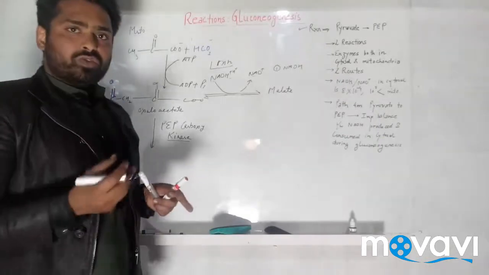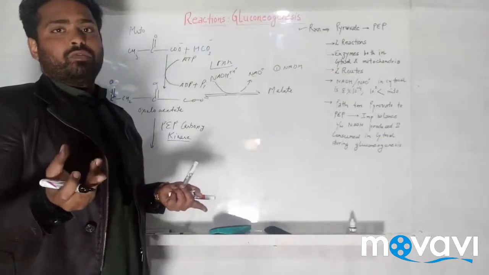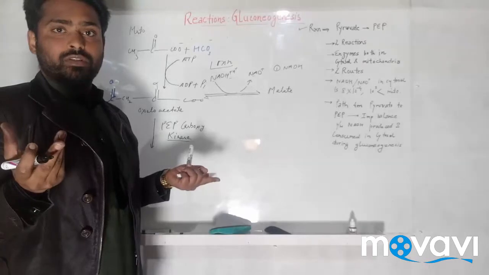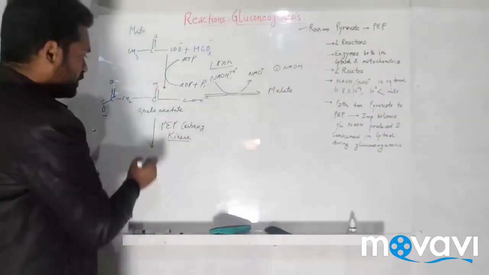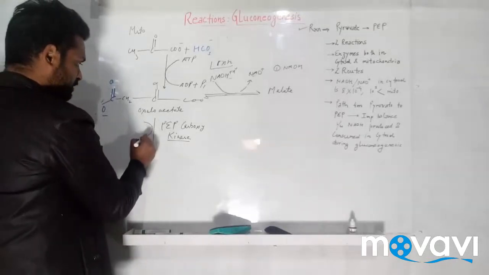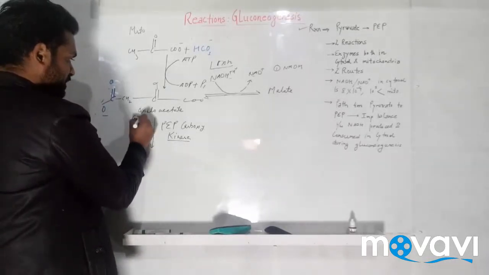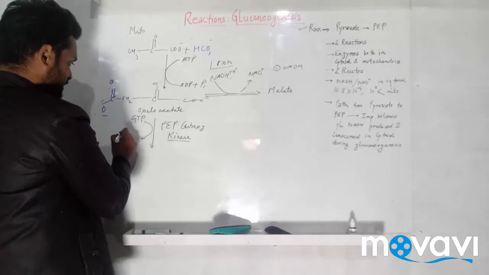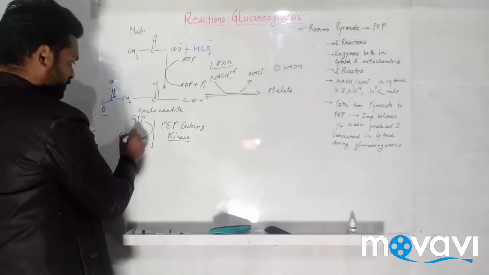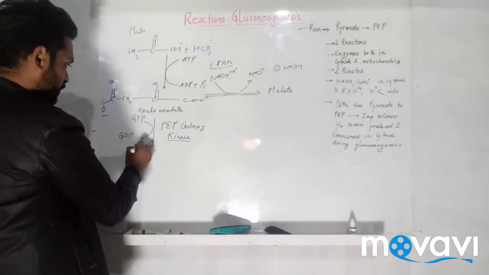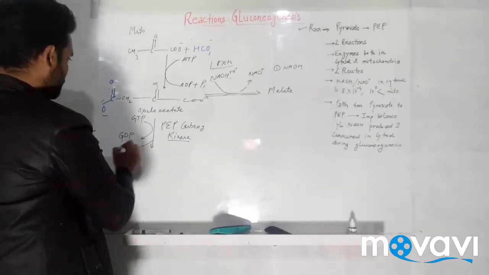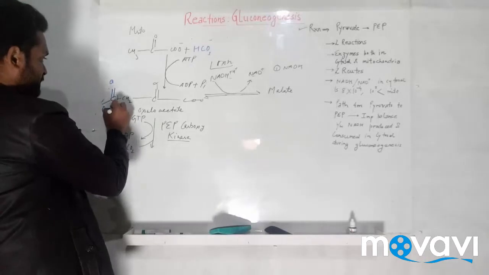It does the terminal transfer of a phosphoryl group from a high-energy molecule, and this molecule here is GTP, and this is GDP now, and there would also be removal of a CO2 group from here.